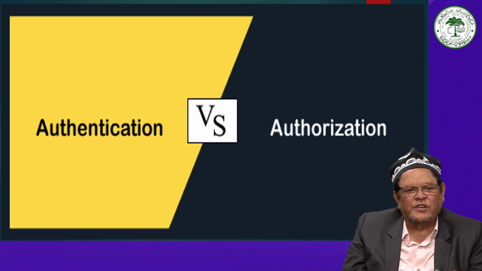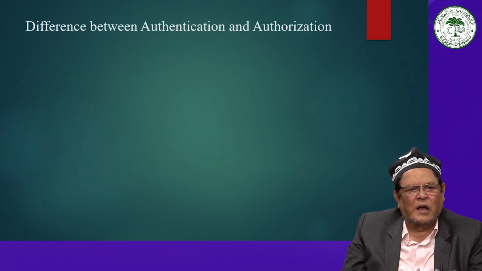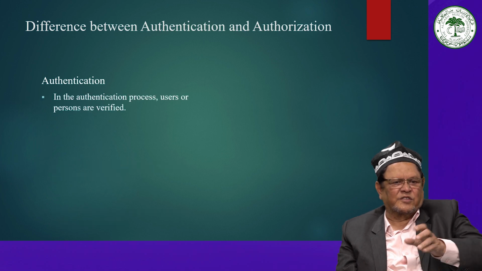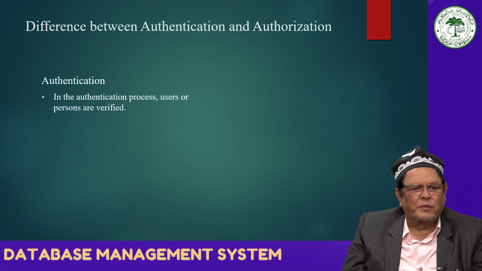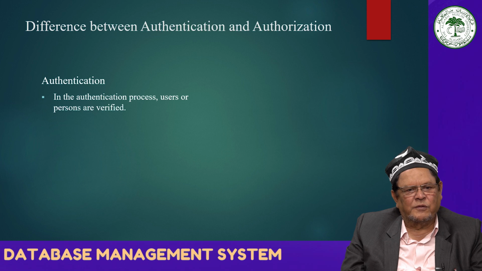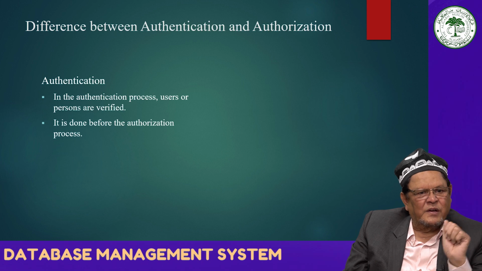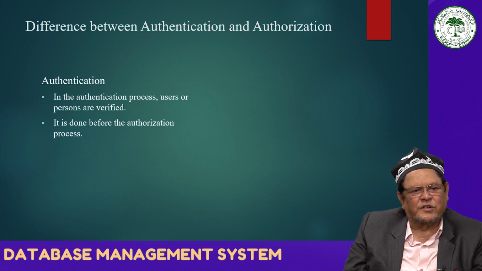Authentication versus authorization. I am briefly giving the difference between authentication and authorization. See here on the screen: in the authentication process, users or persons are verified. Only users and persons are verified. It is done before the authorization process.